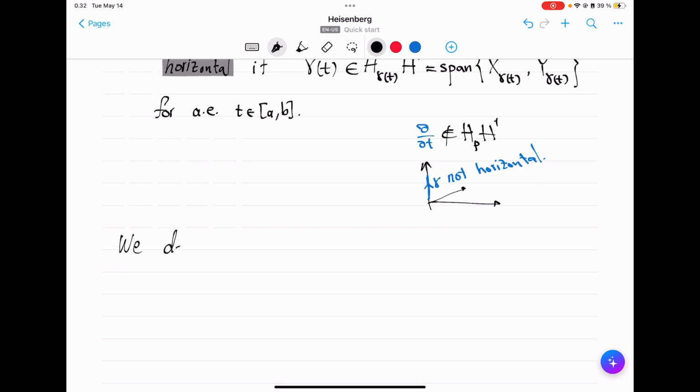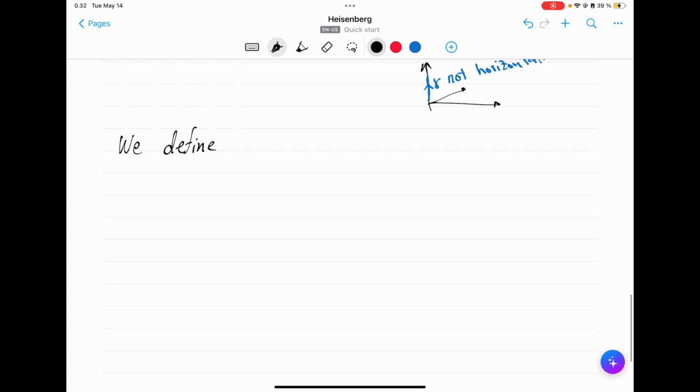We define the length of gamma to be, well, you integrate just as in abstract Riemannian manifolds. You have gamma prime of t, you take the dot product with itself with respect to this g, you take the square root, and then you integrate.